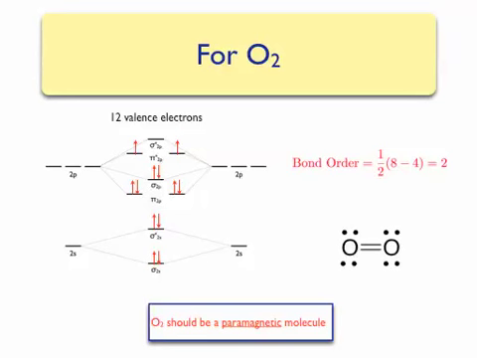We will see a demonstration of this in class with liquid oxygen. Note that the molecular orbital diagram gives us an additional piece of information, but is still in line with Lewis theory.